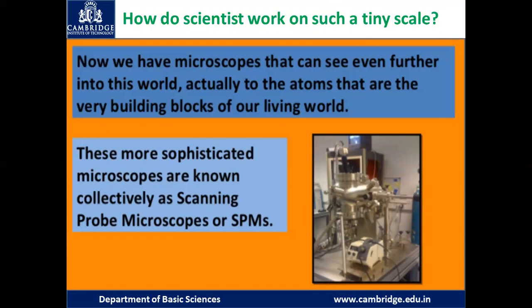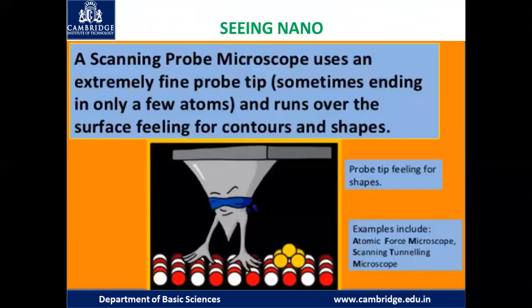With the help of this scanning probe microscope, we are able to see the nanoparticles also. A scanning probe microscope uses an extremely fine probe tip that runs over the surface feeling for contours and shapes. Examples of scanning probe microscopes include the atomic force microscope, scanning tunneling microscope, etc.